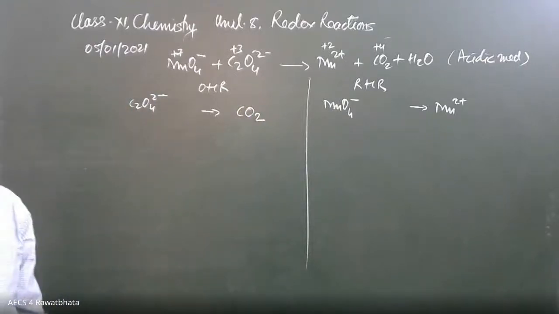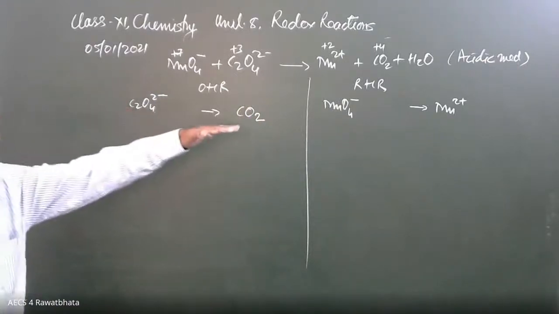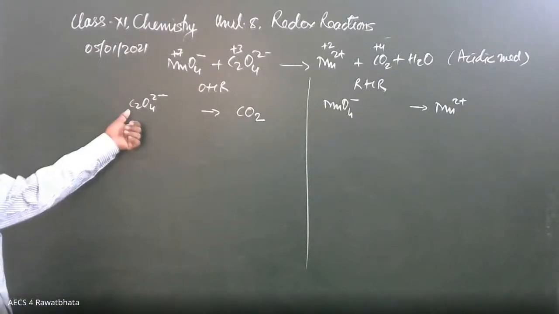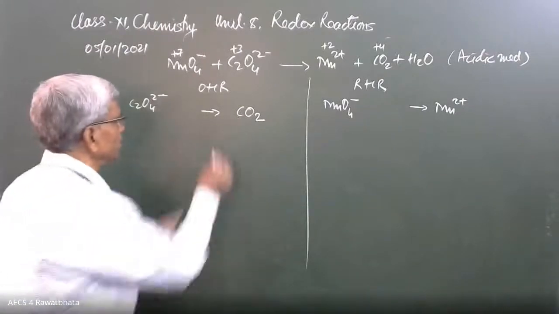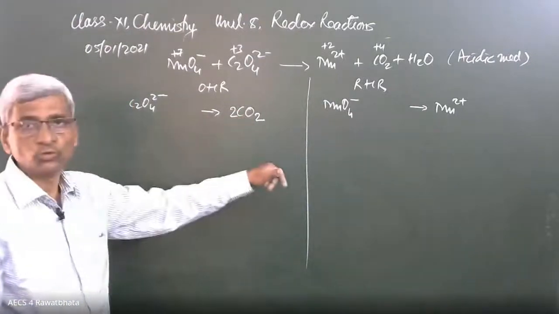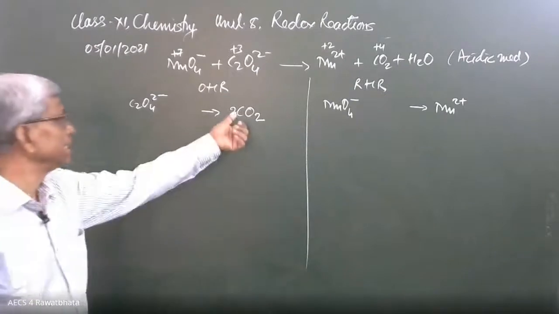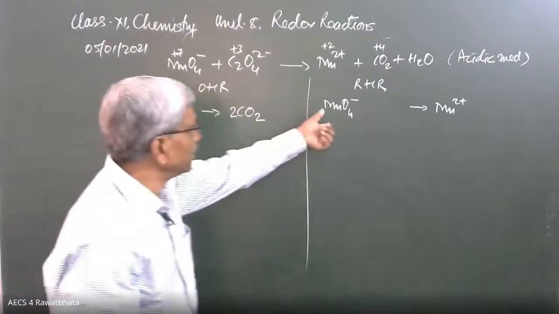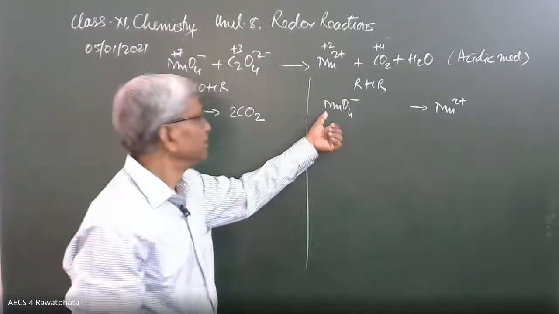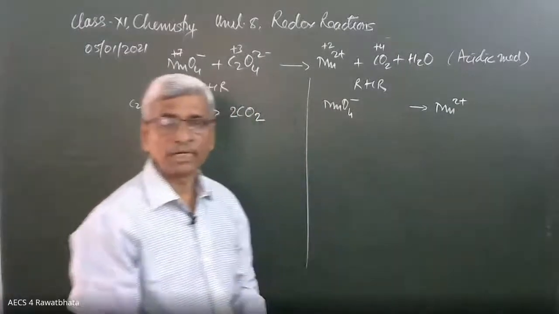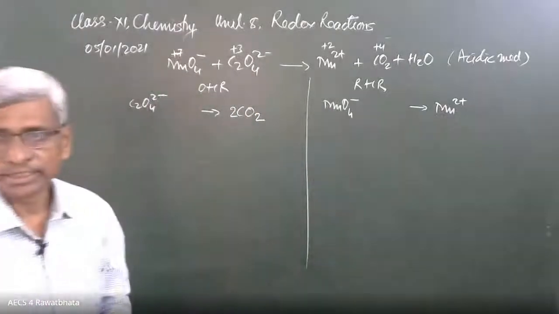Oxidation half reaction. And at the same time, we have to balance the atom which is going to oxidize or reduce. This carbon is going to oxidize, here carbon is 2 and there is one carbon, that's why we write 2 CO2. We can't write C2O2. While balancing this element, we have to multiply in this way, 2 CO2. And here Mn is going to reduce, there is one Mn on the reactant side, one Mn on the product side, no need of any multiplication. Okay, beta, is it clear?